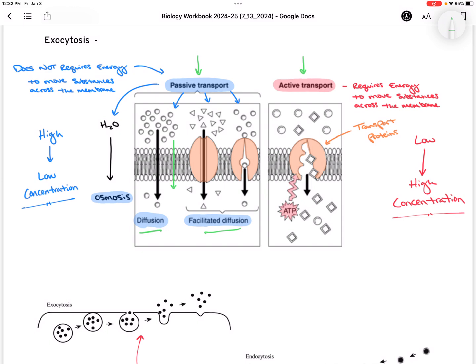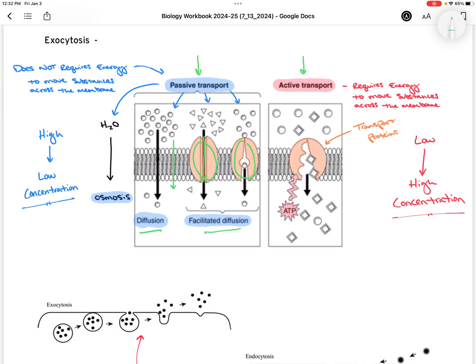Now, facilitated diffusion says that you need to have something to guide it, and that's what these transport proteins are showing here, that it's requiring some help. It's too big. For example, glucose is much too big to enter cells, and that's why we need insulin to open up the gateway channels to allow sugar to enter our cells, okay? Because it's dangerous to let sugar run through your bloodstream.